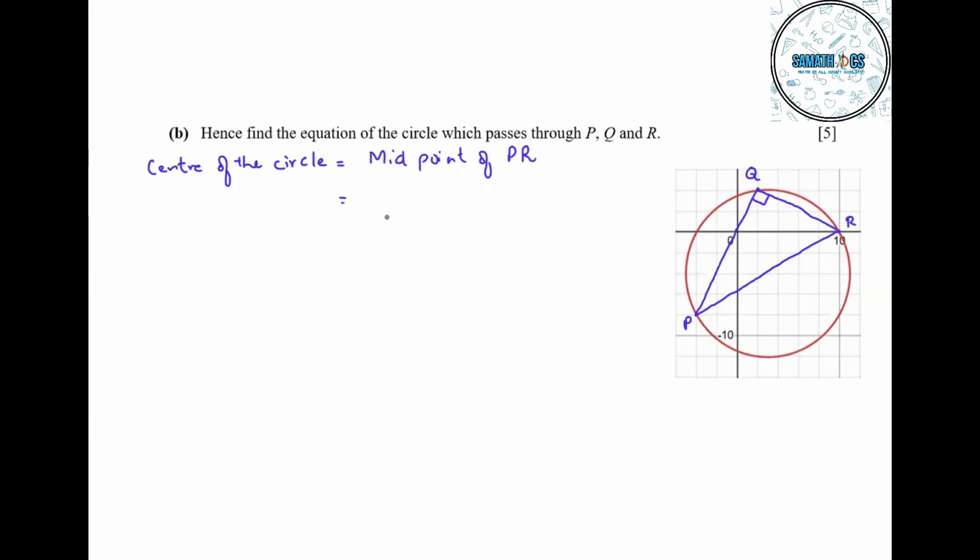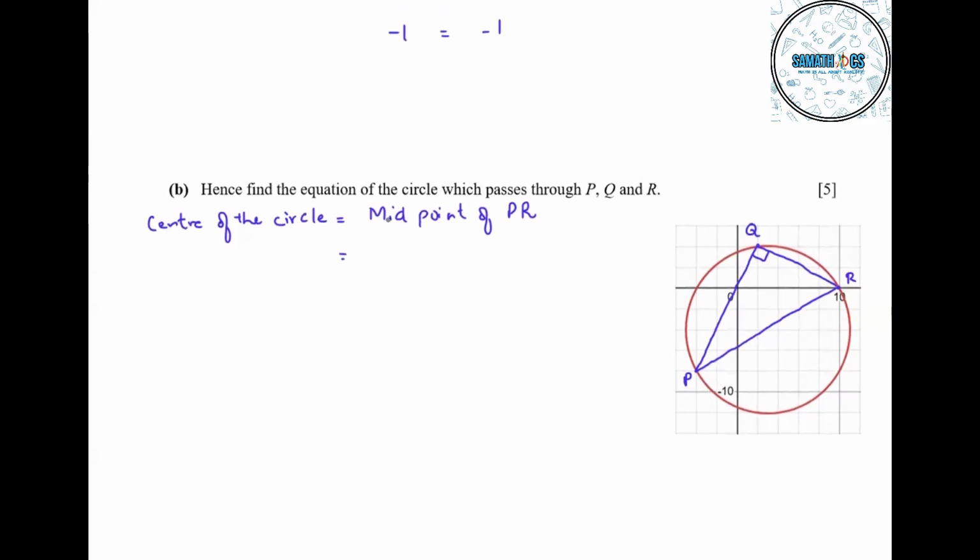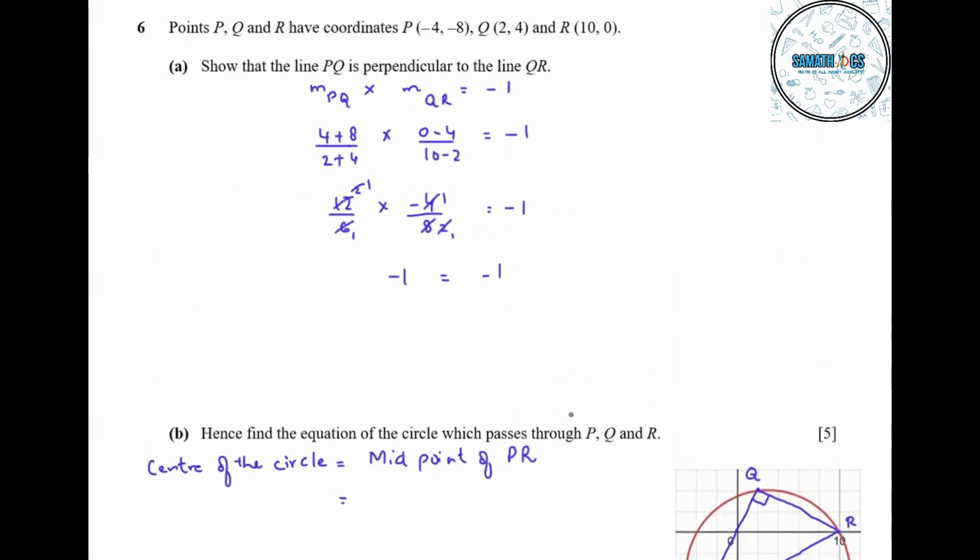So we already have coordinates of P and R. The coordinates of P are minus 4, comma, minus 8, and the coordinates of R are 10, comma, 0. So minus 4 plus 10 upon 2, comma, minus 8 plus 0 upon 2.